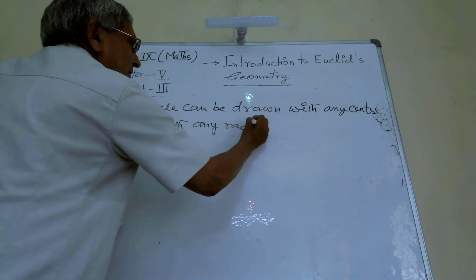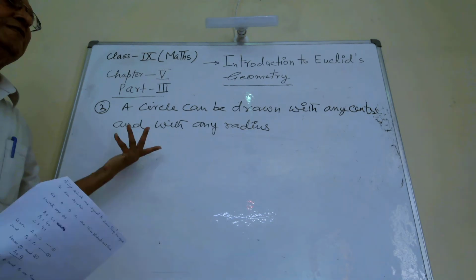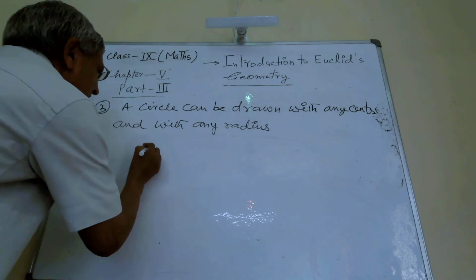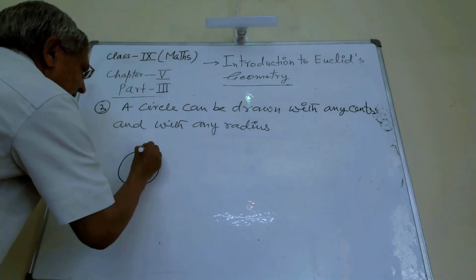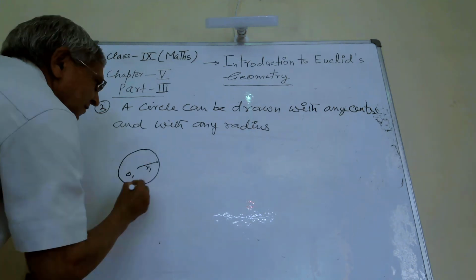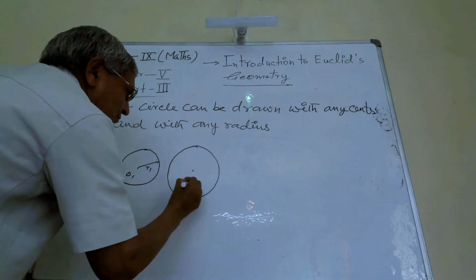So he said a circle can be drawn with any center, with any radius, and you can draw as many circles as you like. This is the circle with center O1 and radius R1. This is another circle whose center is O2 and radius is R2.